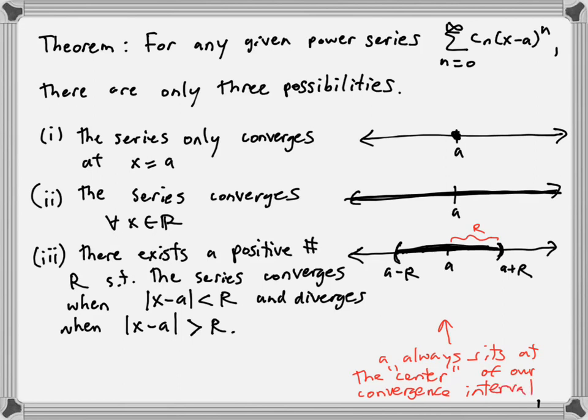Okay, so this is why we call A the center of a power series, because the series will always converge at A, and it might converge everywhere else or nowhere else or some number away from it, but it always sits in the middle of where it converges. Okay.